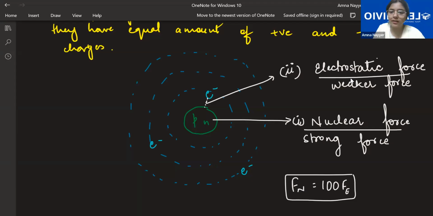Yes, class, what do you think? Your electrons will be easily movable, if some external force is there.